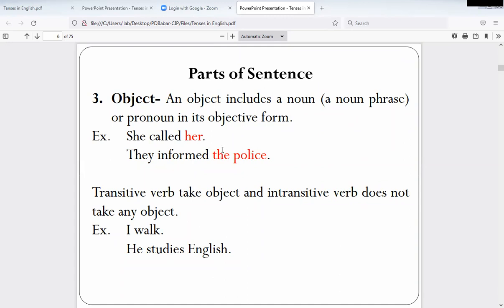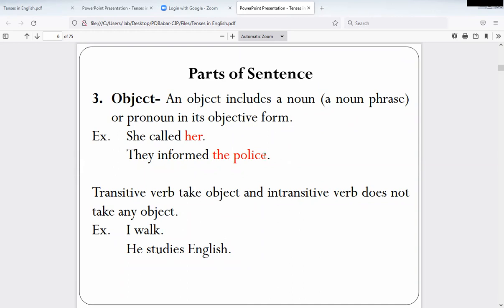The is an article, so it is not that important a part, but police is the noun, and that's why this is known as the noun phrase, because it has a noun after the position of the article. The police. So, they informed the police.